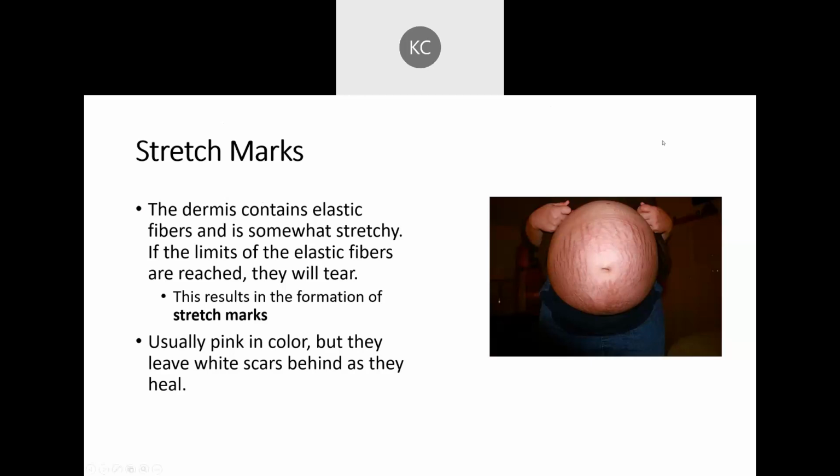What's left behind are these pink, reddish marks that indicate the stretch marks, where the elastic fibers have burst and torn. Now, they won't always remain this dark red-purple color. They can heal, and as they heal, they turn a lighter, white color, all right?